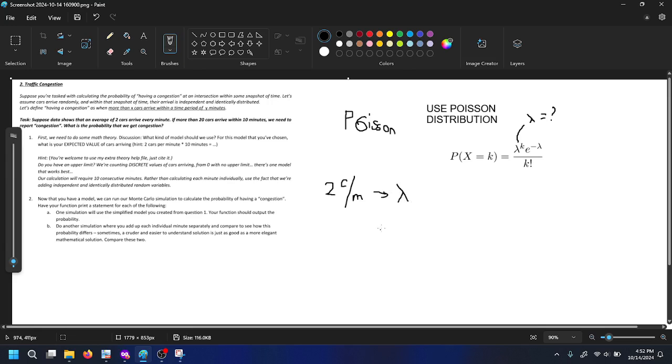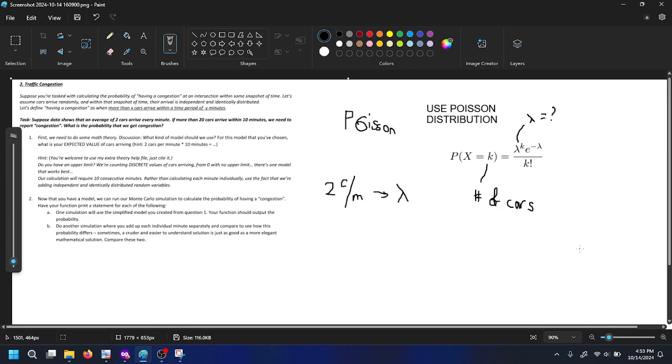And in this case, the number of cars arriving would be our k value. That's the number of cars arriving. And if we're using a rate parameter of 2, that's the number of cars arriving if we assume that there's an average of 2 cars arriving per minute.